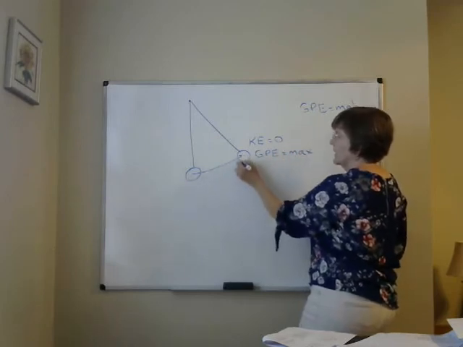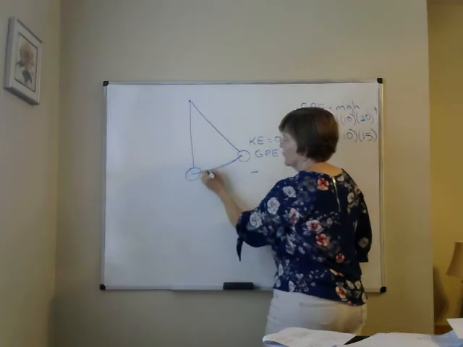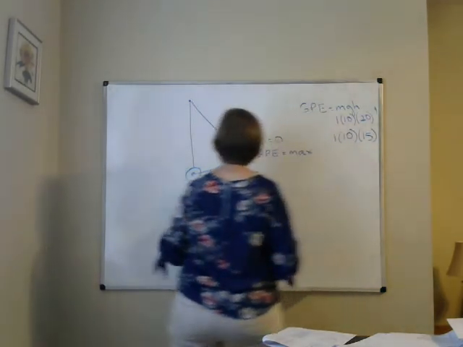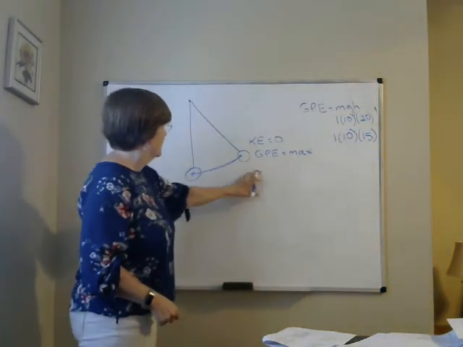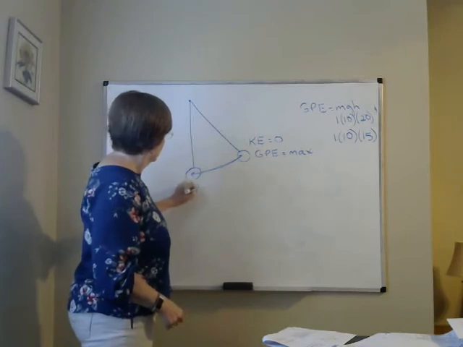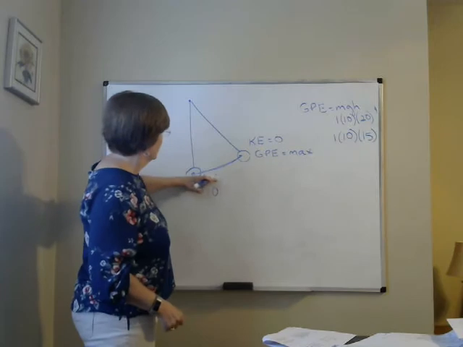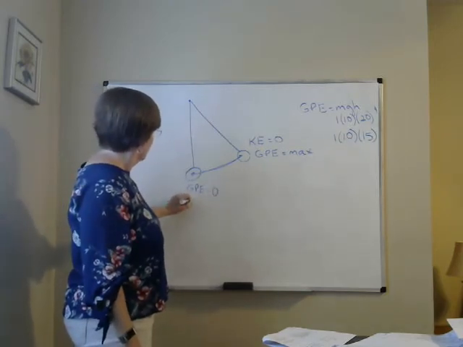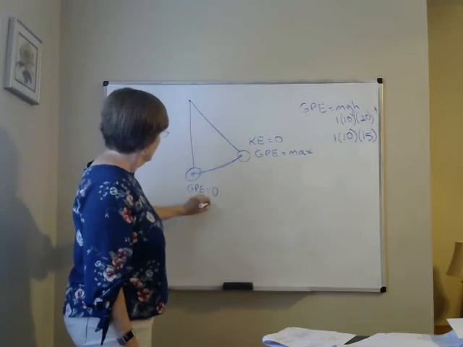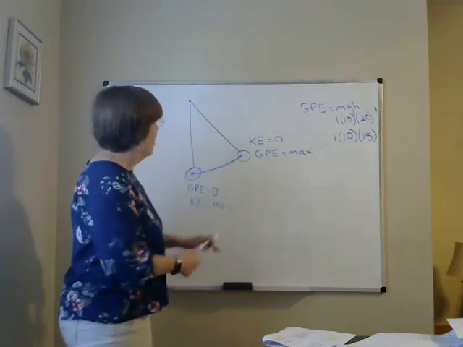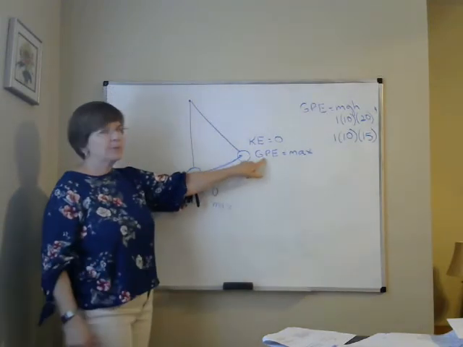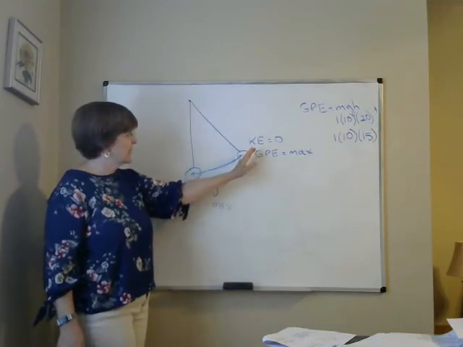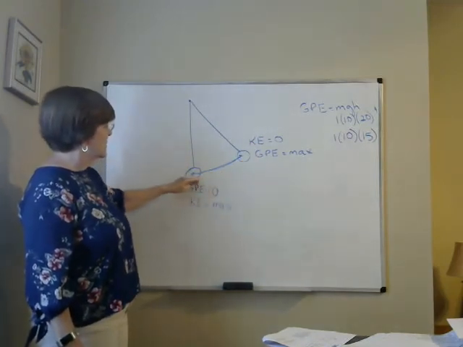It's going to swing until it reaches here, and at this point, the gravitational potential energy has fallen back to zero relative to its initial height. So we're treating this like zero. However, the kinetic energy will be at its maximum value. All of the gravitational potential energy we had here has been converted to kinetic energy.